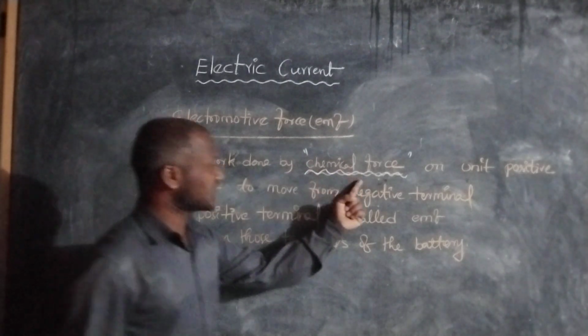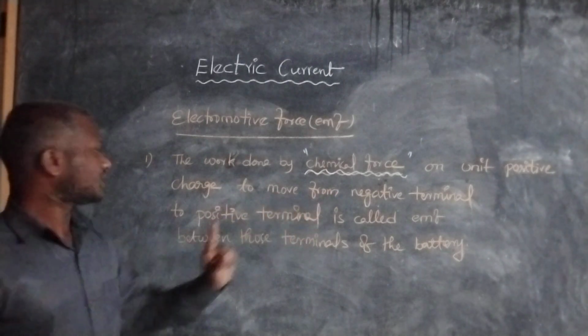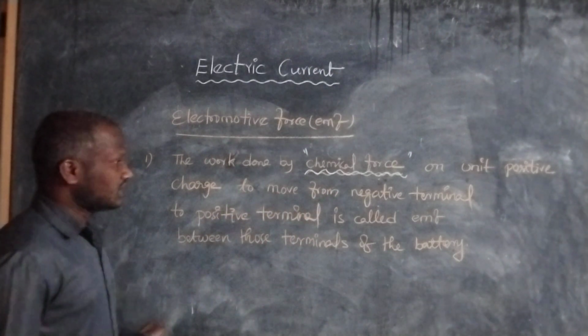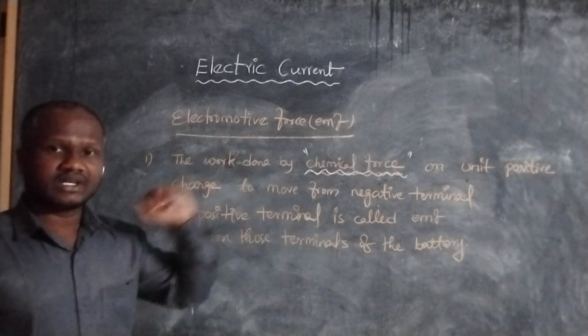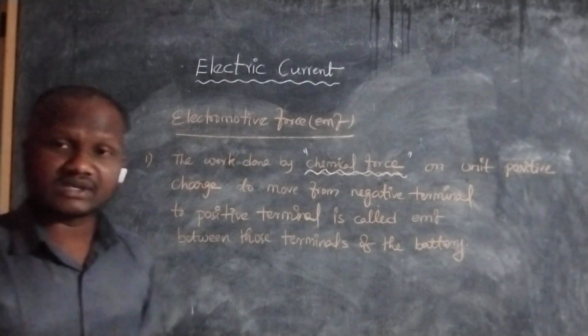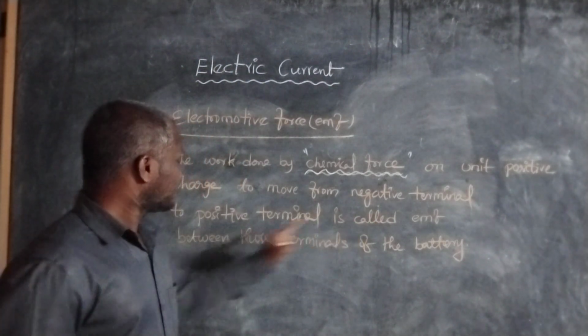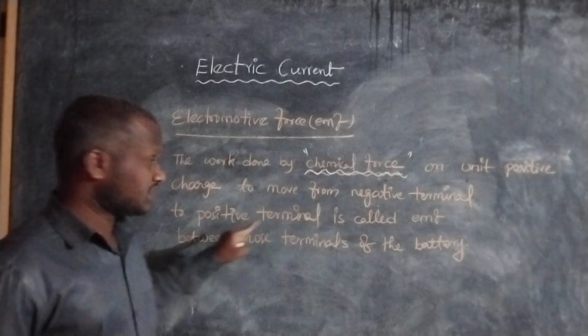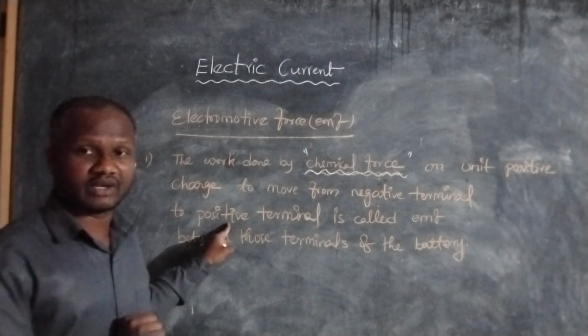The work done by chemical force on unit positive charge to move from negative terminal to positive terminal is called electromotive force between those terminals of the battery. In some books they give negative terminal to positive terminal, here I wrote negative terminal to positive terminal. In some books you will observe positive terminal to negative terminal.